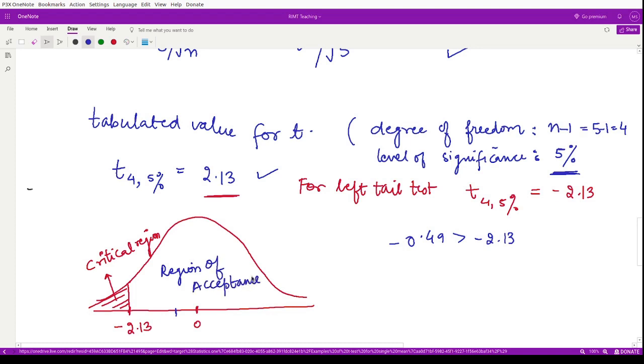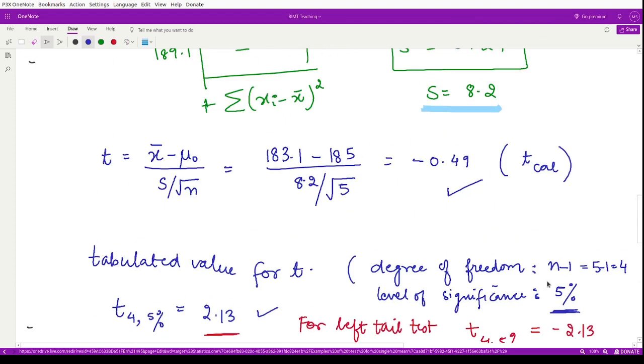If it lies in the region of acceptance, therefore we will accept our null hypothesis. Accordingly, if you accept the null hypothesis, your alternative hypothesis is rejected.